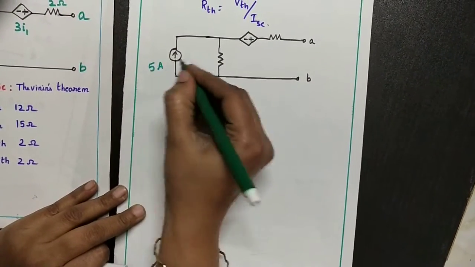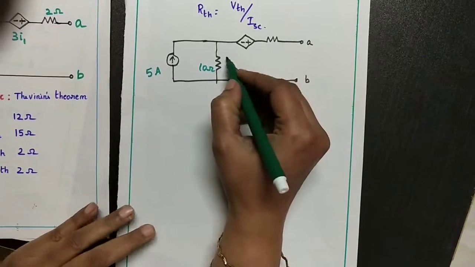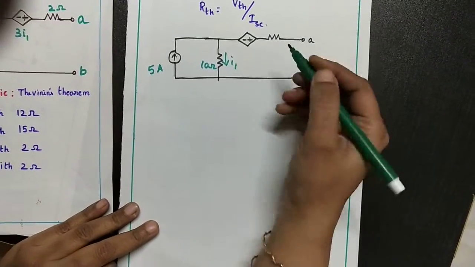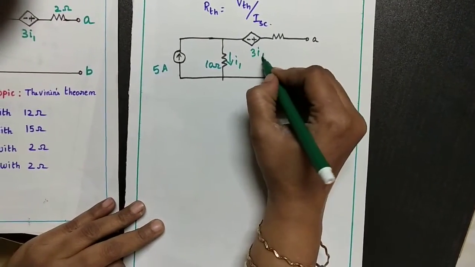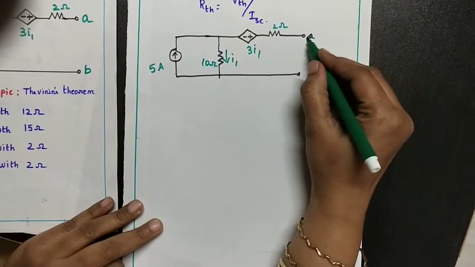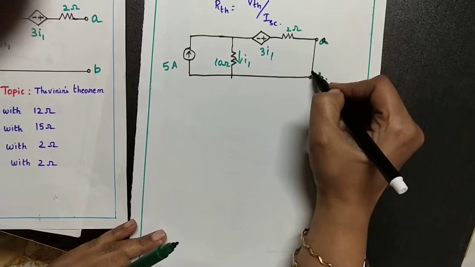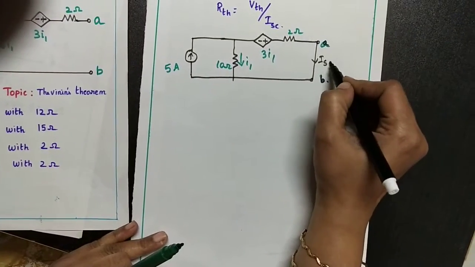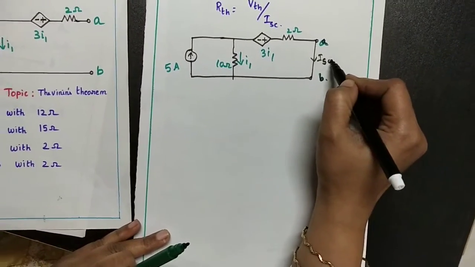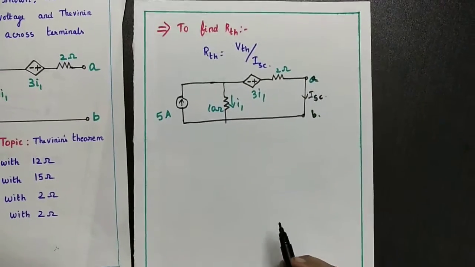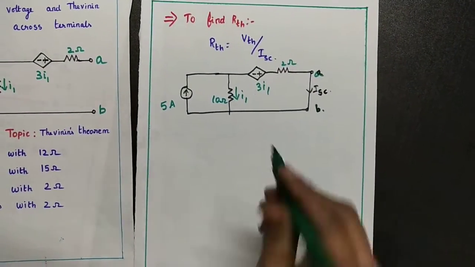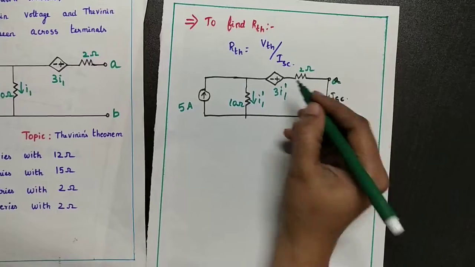So this is 5 amps, 10 ohms, 2 ohms. So the terminals AB is short circuited now. This is short circuit current ISC. We have to find this current to find Thevenin's impedance. So let me denote this current as I1 dash.